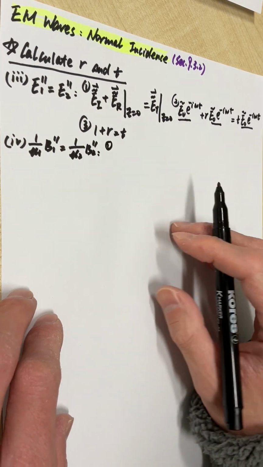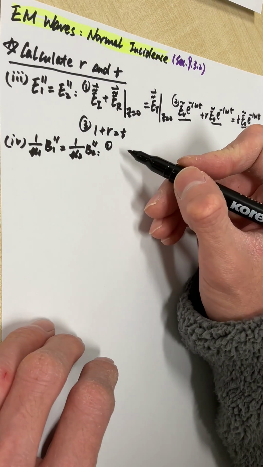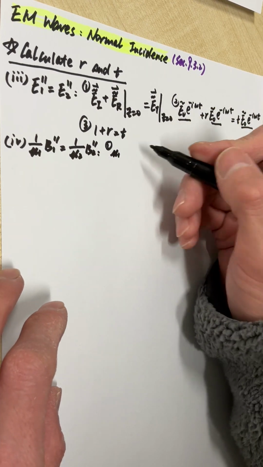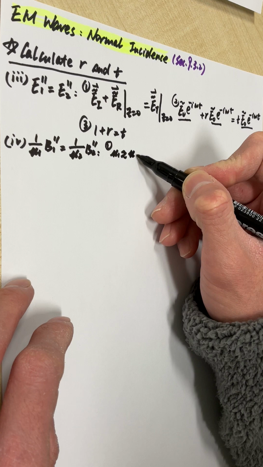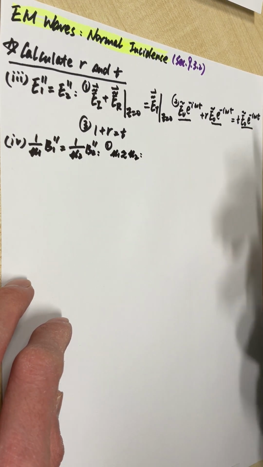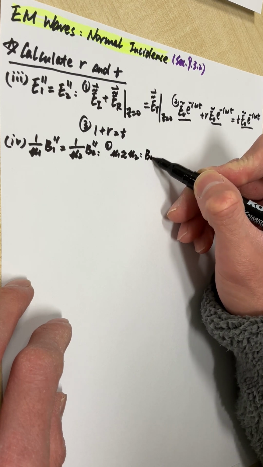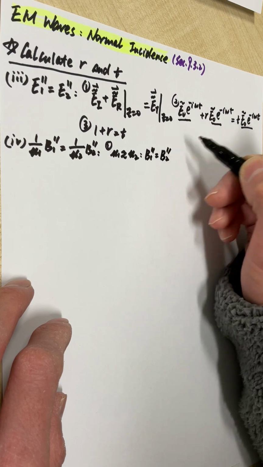First step: it is usually universally true that almost all linear materials have mu1 approximately equal to mu2. So this simplifies our boundary condition, which becomes B1 parallel component equals B2 parallel component.